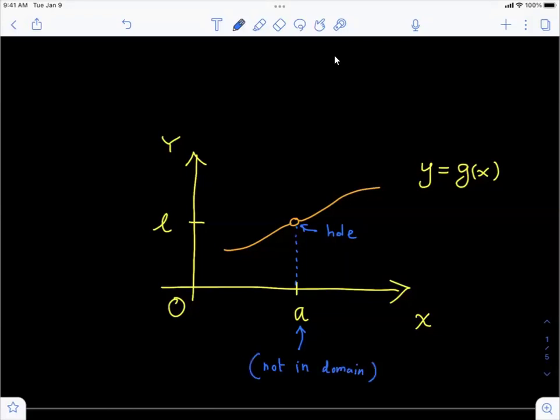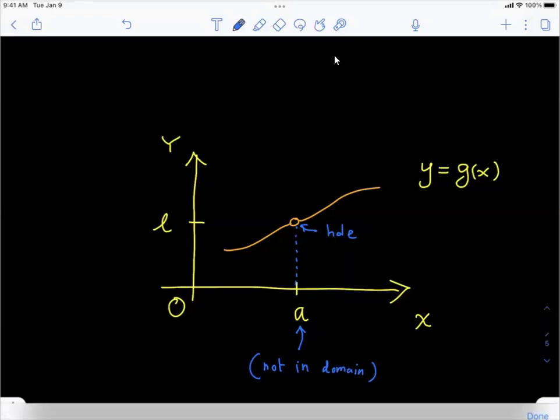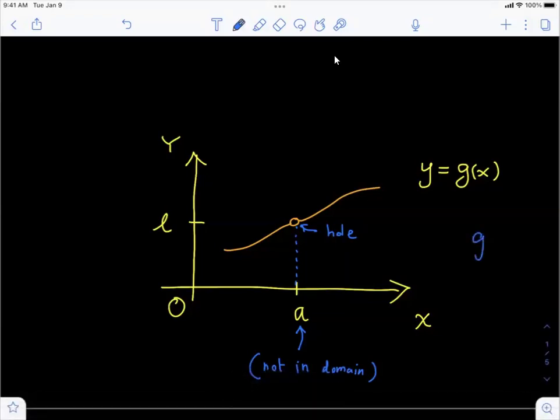And yet, now, when a is not in the domain, this particular scenario, now here we consider the function g, right? It has a different name because it has a different landscape. Now, no one can talk about g at a. It is not meaningful anymore. This has no meaning. So what we did in algebra, by plugging a value into a function, is no longer valid in this scenario.